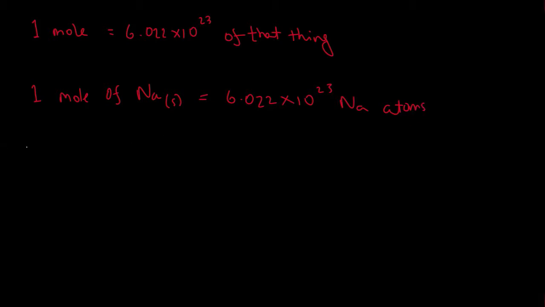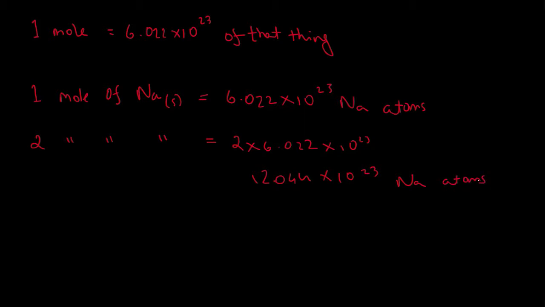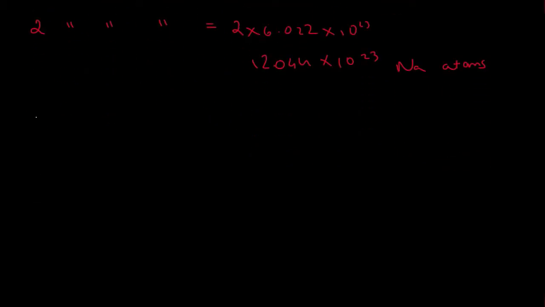Likewise, if I tell you that you have 2 moles of sodium atoms, you have 2 times this, which is probably close to 12.044 times 10 to the power 23 sodium atoms. So if we know the moles of something, we can figure out how many of that particle is present. This is a very powerful tool.